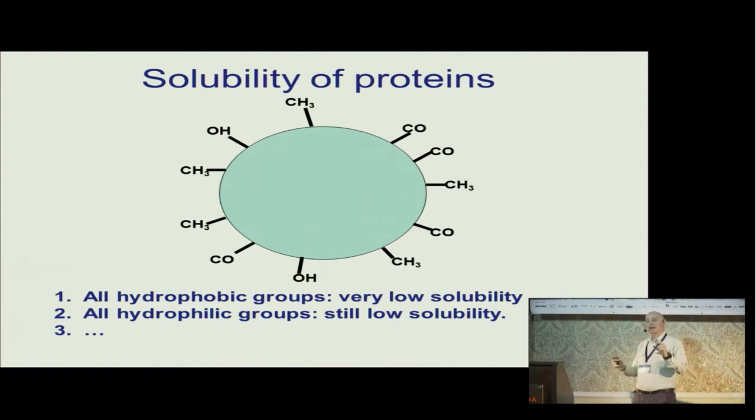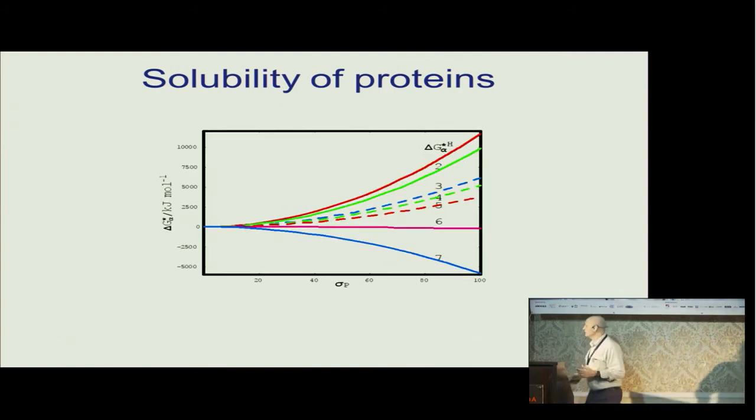Now, the surprising finding was that if you put all the groups back to the protein, but distributing these groups at random, you don't get high solubility. In fact, you improve on the solubility, but you don't get high solubility.